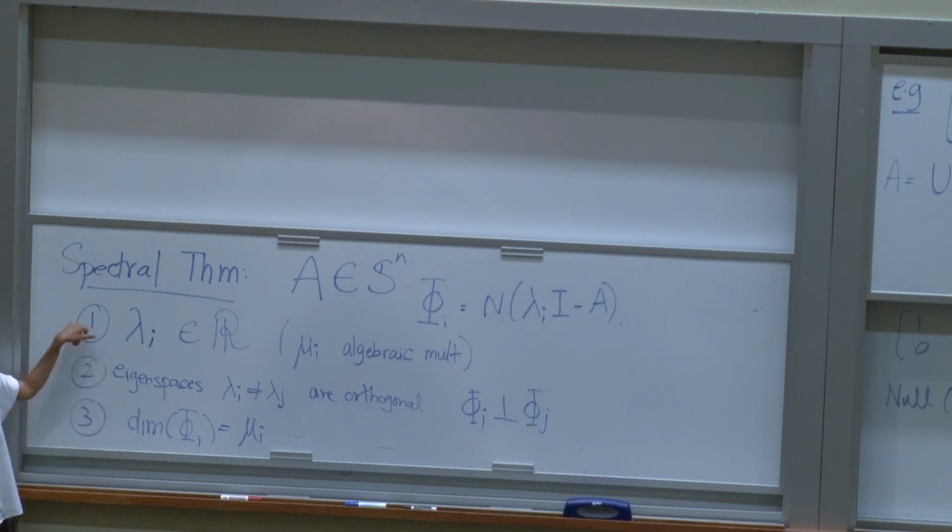Okay? So you have real eigenvalues, eigenspaces are orthogonal for distinct eigenvalues, and you have this property of algebraic multiplicity equal to the geometric multiplicity. All of these combined means that you're always diagonalizable.